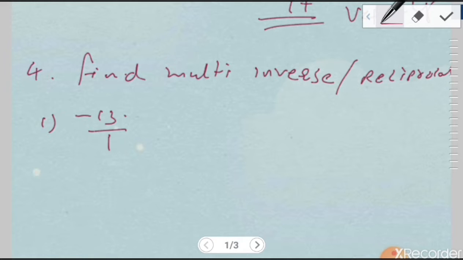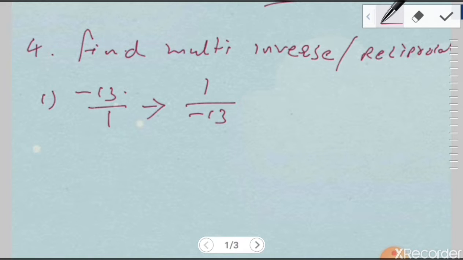Now what will we do to convert it to the reciprocal or multiplicative inverse? Just the denominator goes to the numerator and the numerator goes to the denominator, with the sign. We will not disturb the sign. Positive stays positive, negative stays negative. Now the second question we have is minus 13 upon 19.